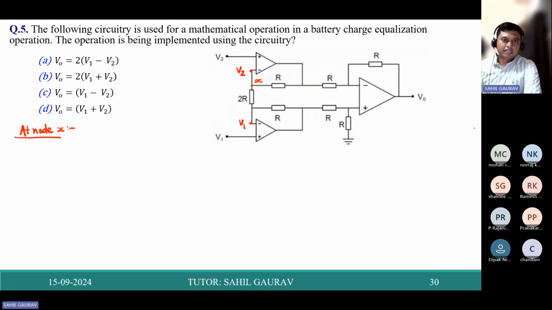At node x, if you apply KCL, no current will flow inside the op-amp. So the current across 2R will be V2 minus V1 upon 2R.